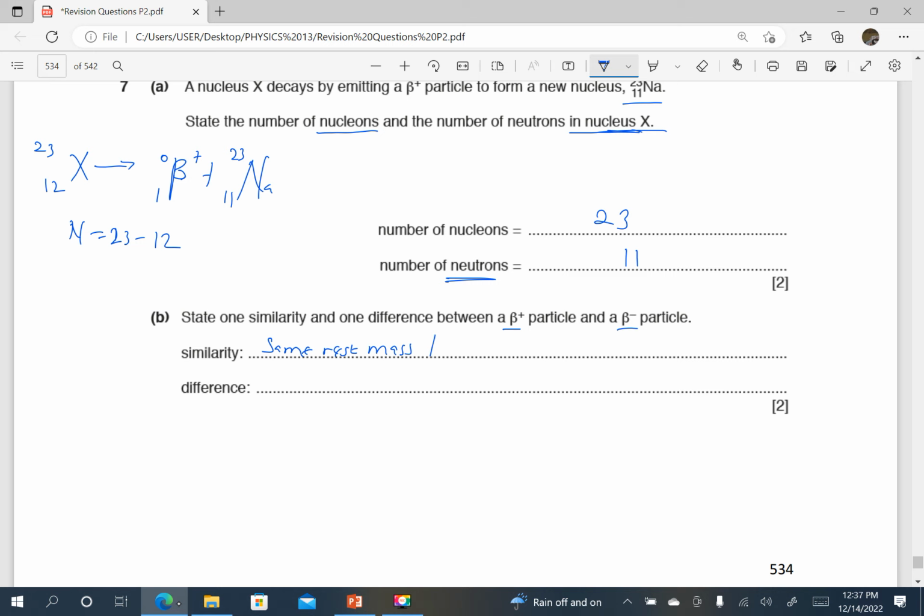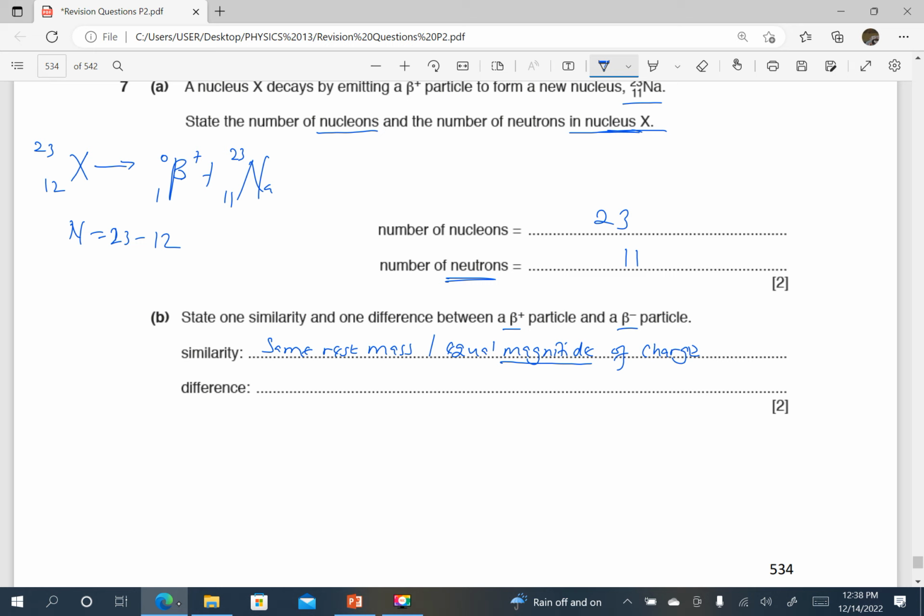They have equal magnitude of charge. Magnitude is very important. They have equal magnitude of charge. That is, their charge is 1.6 times 10 power negative 19 coulombs in magnitude.